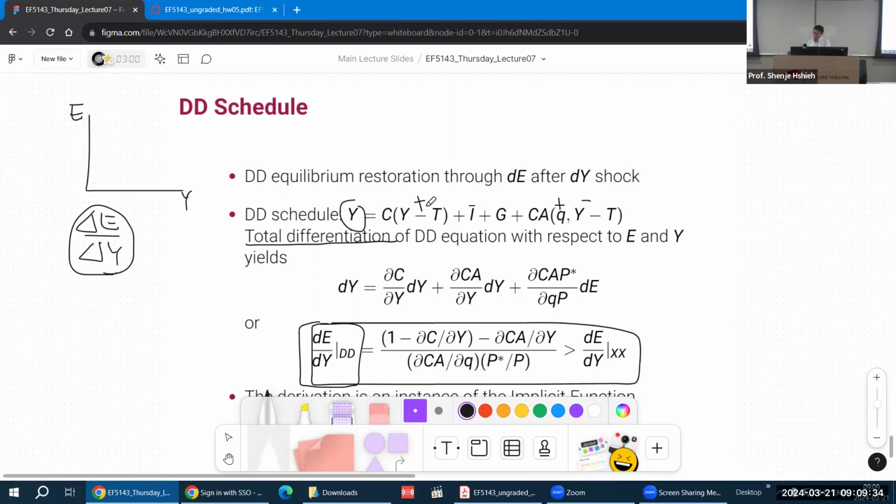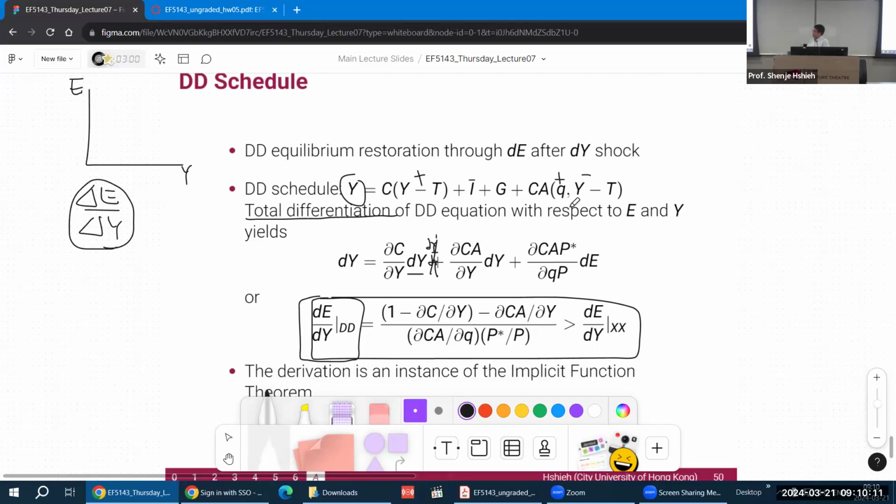Well, you look at every parameter and see whether they're functions of Y and Q. So let's start with the derivative of Y with respect to Y. Then we take the partial derivative with respect to C. So here we have partial C versus partial Y, but then we need to take the derivative of Y with respect to Y itself. So that's just one. That's why we see a dY here, okay? Because here we have to do dY, which is just one, right? So that's what total differentiation means, okay?